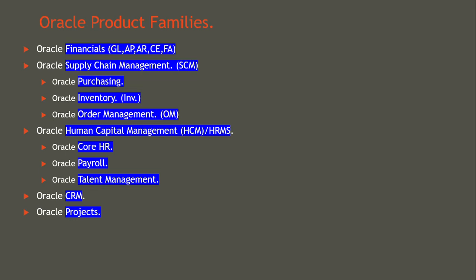All those are under Oracle human capital management. On the same, we have Oracle customer relationship management, and then we have Oracle projects. All these we might see how they relate to the financials, because they all relate together in one way or the other.